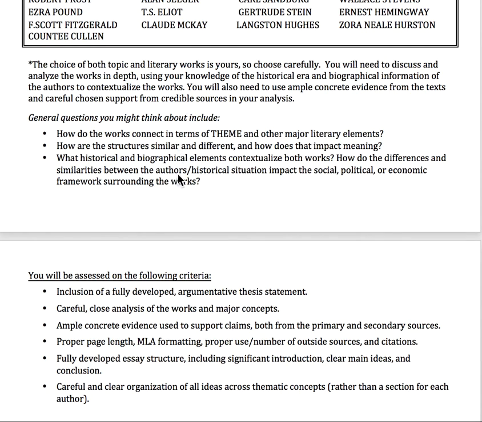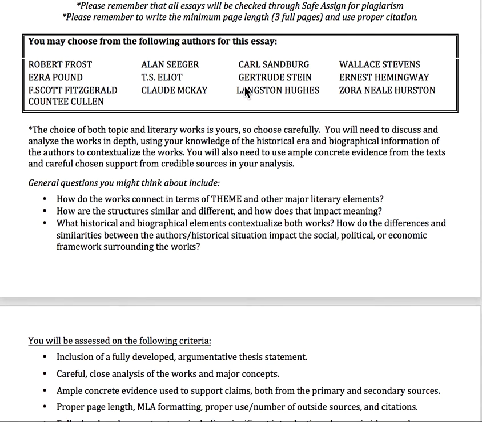So you can think about things like how the works connect in terms of major themes or other literary elements. How are the structures of them similar and different? So if you choose two poems, how are the poems similar and different? Are they both sonnets? Do they have strict rhyme schemes? Do they have end rhymes? Do they have enjambment? If they're not both poems, or if they're poems of two different styles, why does that matter?